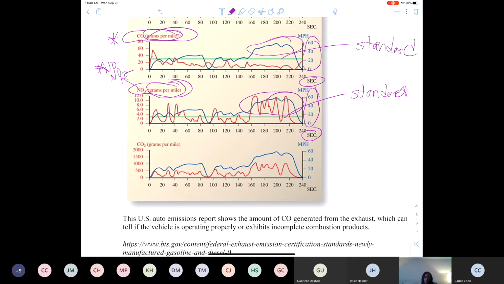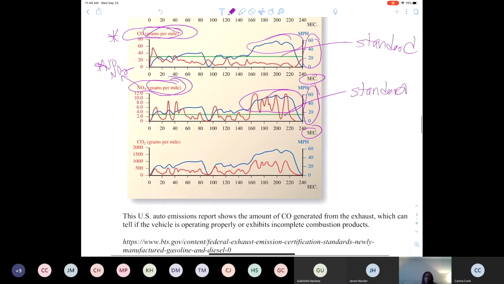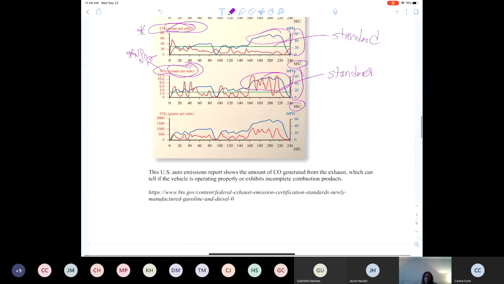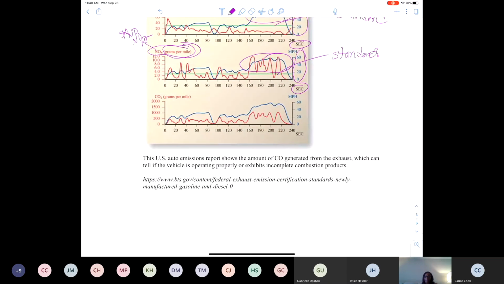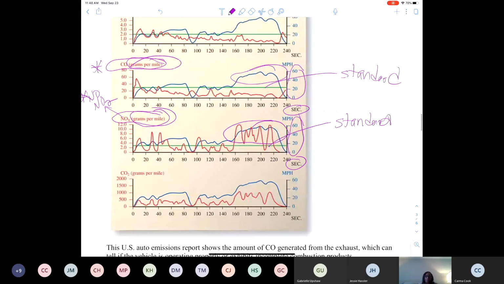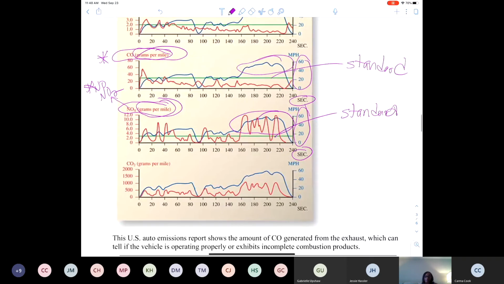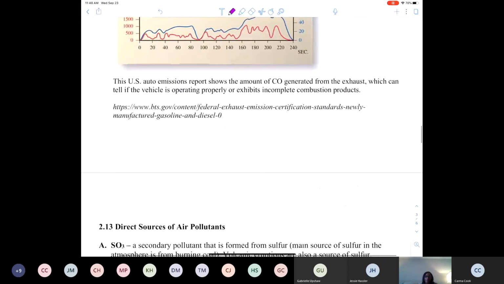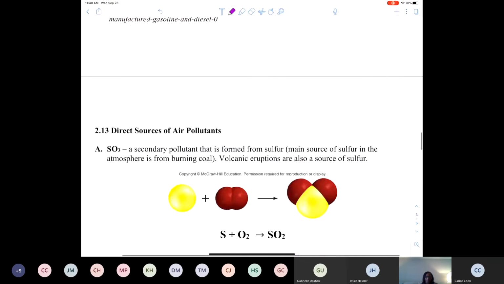And so these emission tests will let the technicians know if the vehicle is operating properly or if it's exhibiting carbon monoxide, which is an incomplete combustion product, which could mean that the car just needs a tune-up.